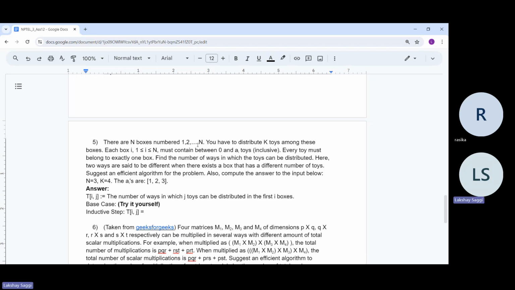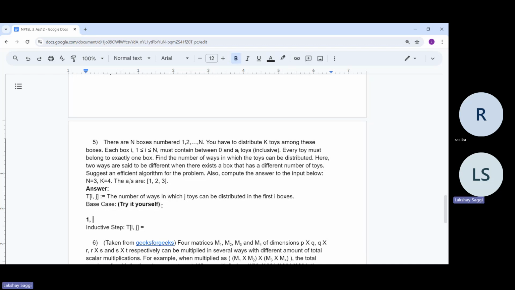Let's consider something like boxes 1, 2, 3, 4, 5 till the i minus 1th box and the ith box. These are boxes, not the number of toys inside them. So this ith box can have 0 toys, or 1 toy inside it, or 2 toys, or 3 toys, or 4 toys, or 5 toys, till ai toys.